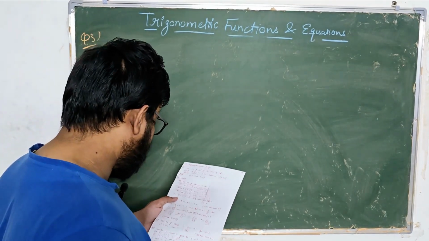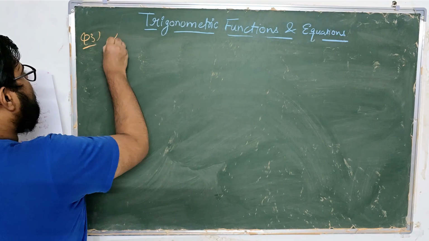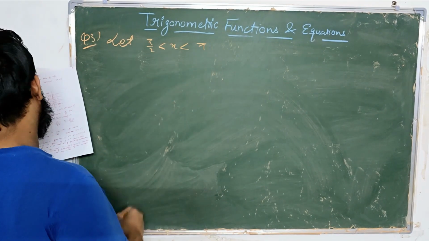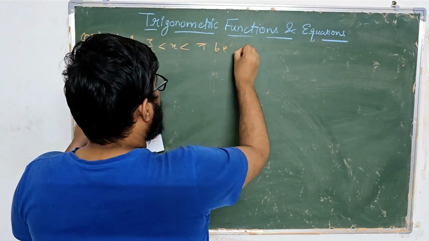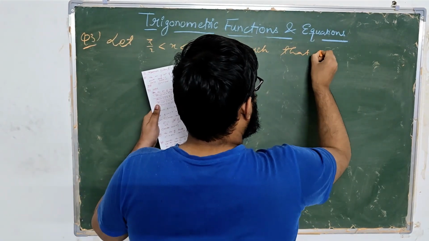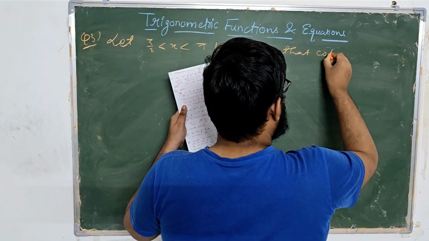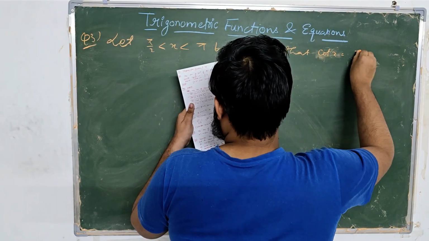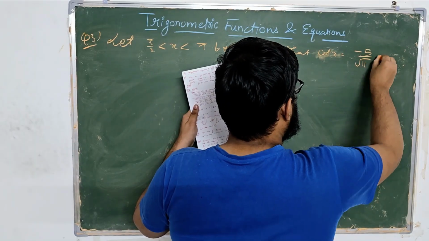Question 3. Let x lie between pi by 2 and pi be such that cot x is equal to negative 5 by 11.